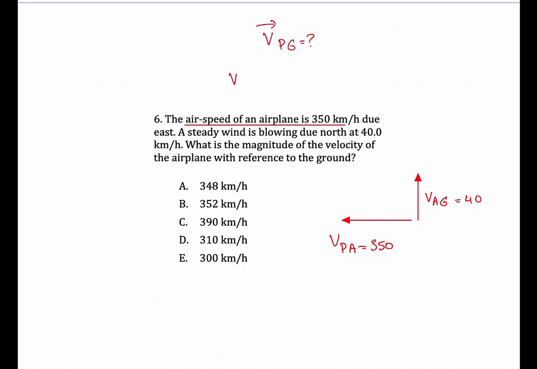Now, according to the law that we said, the speed of the plane with respect to the ground is equal to the speed of the plane with respect to the air plus the speed of the air with respect to the ground.